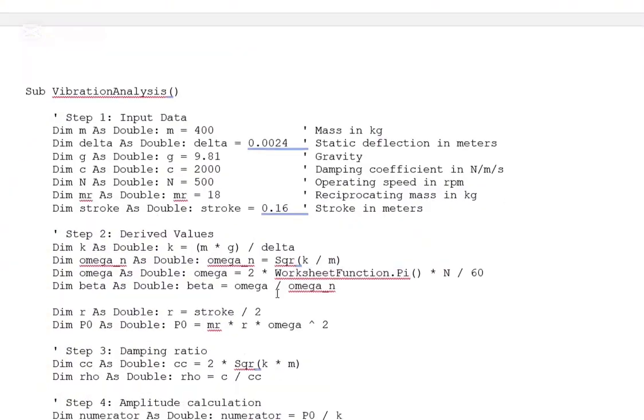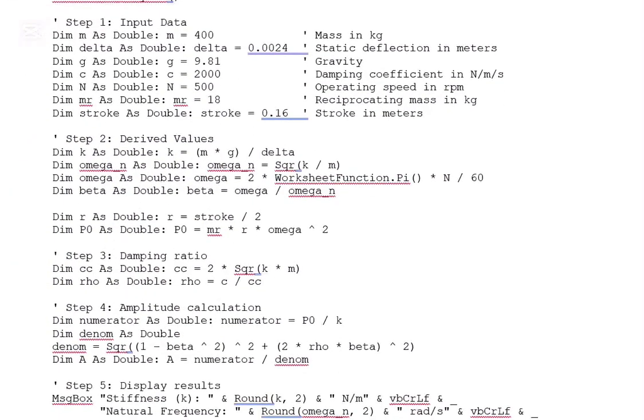This is the VBA program, and this tells us the mass and static deflection, gravity, damping coefficient, operating speed, the reciprocating mass, and crank stroke in meters.